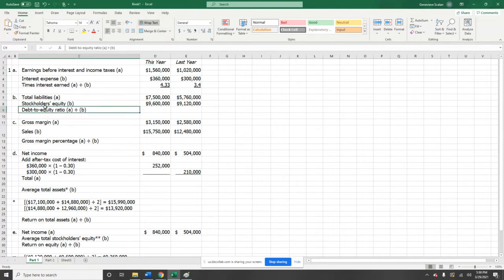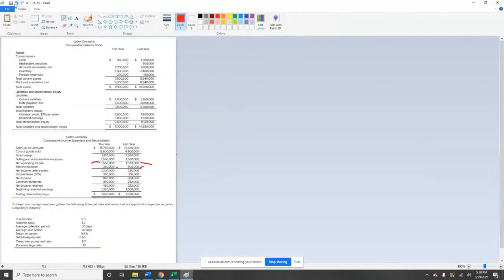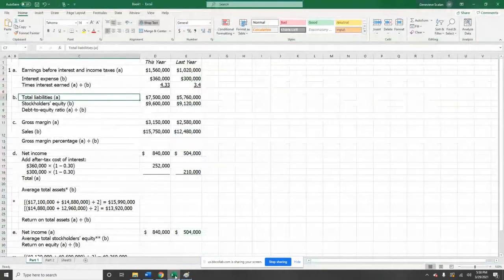So the next thing in section 1, part B, it says calculate the debt to equity ratio, right? The debt to equity ratio is nothing more than total liabilities divided by stockholders' equity. And all I did was go over to that balance sheet and get, so here's your balance sheet, right? Here's your stockholders' equity, and here's your total liabilities for each year, and they are just plugged in over here.